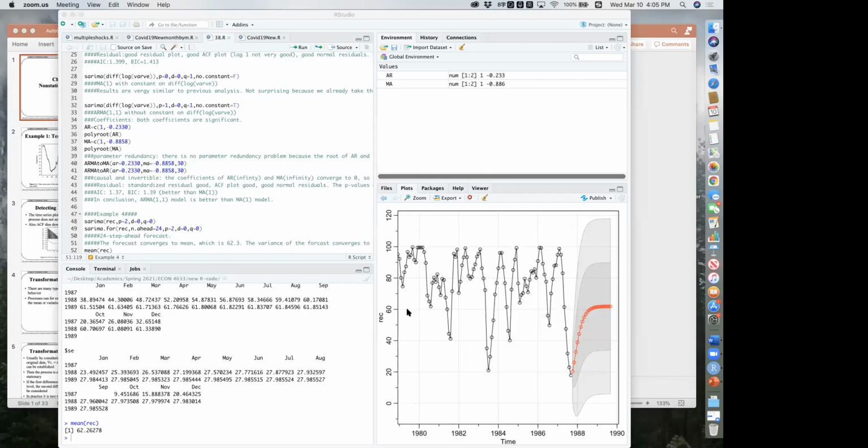Okay, so the correct answer is going to be not enough information. The reason is that the PACF at lag 2 is the correlation between xt and xt minus 2 conditioned on xt minus 1. But in this regression model, we not only condition on xt minus 1, we also condition on xt minus 3.